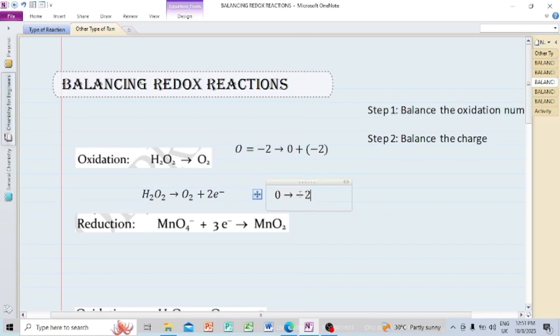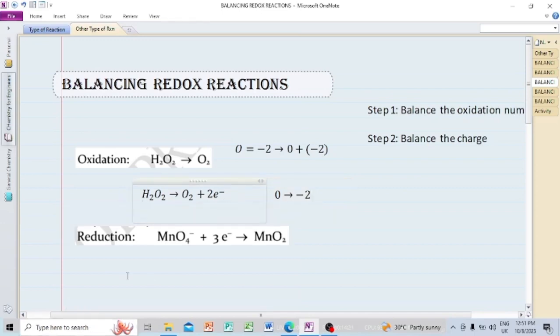So, for us to balance this negative 2, anong idadagdag natin? Di ba? Sabi natin in balancing basic solution, we will add hydroxide ion and water. So, dito, to balance this negative 2 here, mag-add tayo dito ng hydroxide ion. Remember that the charge of hydroxide ion is negative.